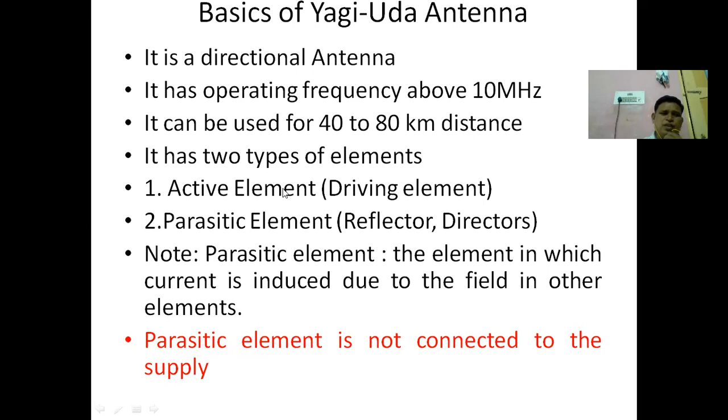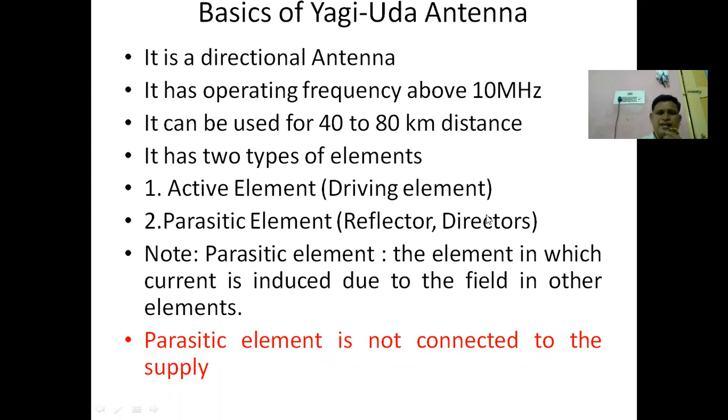Actually, we are giving the input to the active element. Because of the current passing through this element, it will induce the electric field, electromagnetic fields. Because of that, a current will be induced in the parasitic elements, that is the reflector and directors. Don't worry about this. The driving element is the active element.